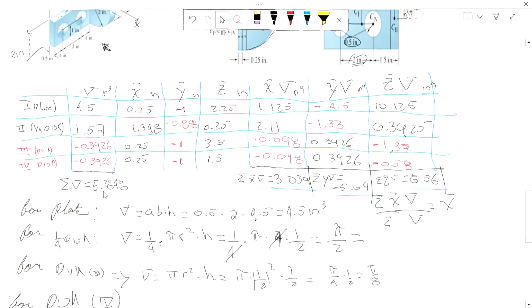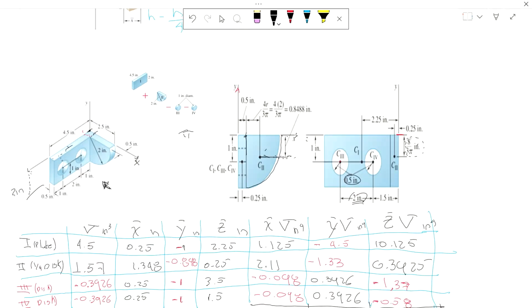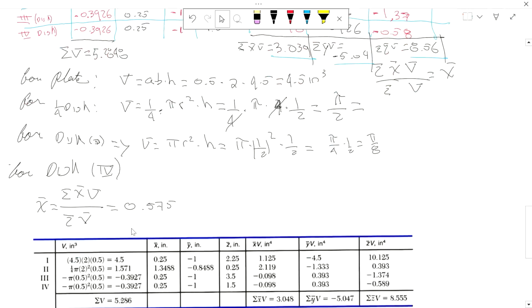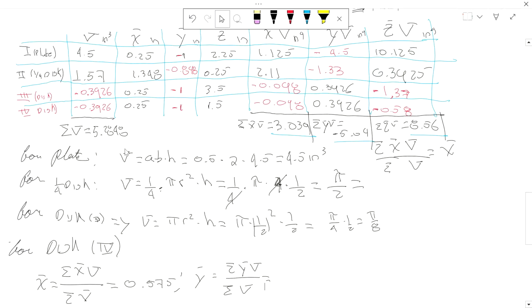Yeah, that makes sense because in x, it's not as intuitive because we have all this material right here, and we also have a bunch of material right here. So in x, 0.575. Right? Let's do y, which equals summation of y volume divided by summation of volume, which is negative 5.04 over 5.2848.